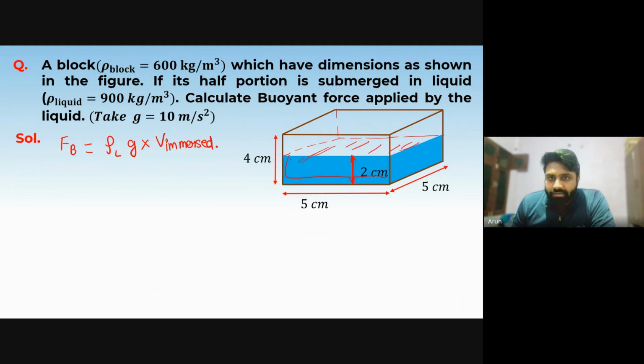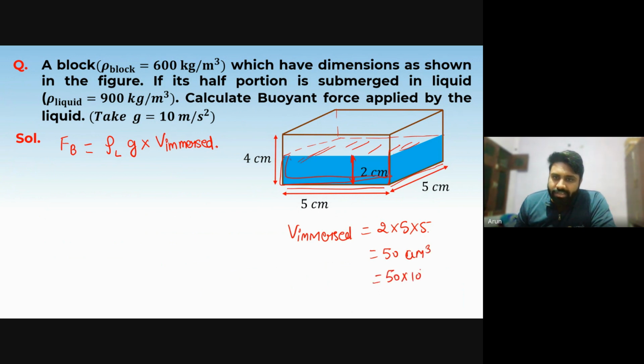This is a cuboid of height 2 centimeter, length 5 centimeter, and width 5 centimeter. This much volume is submerged inside the liquid. So the volume immersed equals 2 into 5 into 5, which is 50 centimeter cube, or you can convert centimeter into meter, so it will be 50 into 10 raised to power minus 6 meter cube. This is the volume immersed.